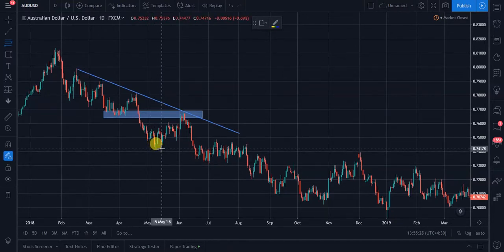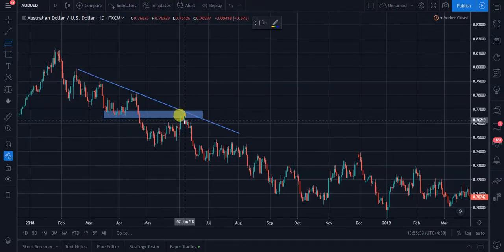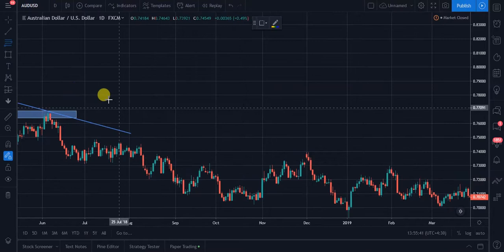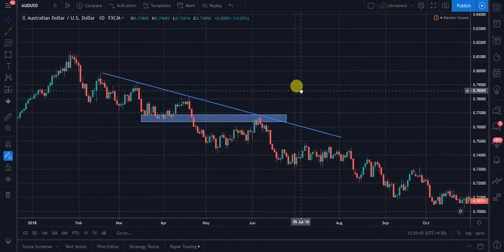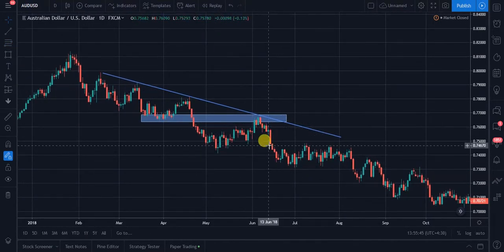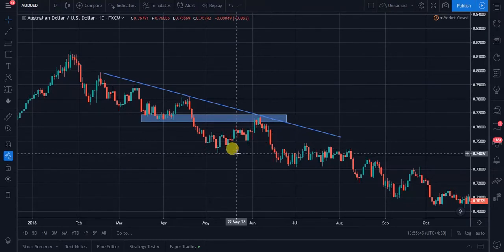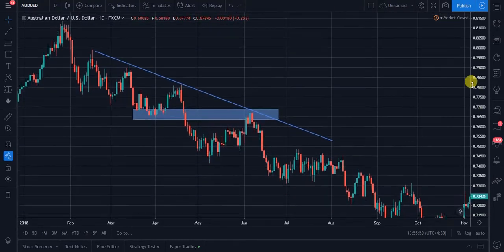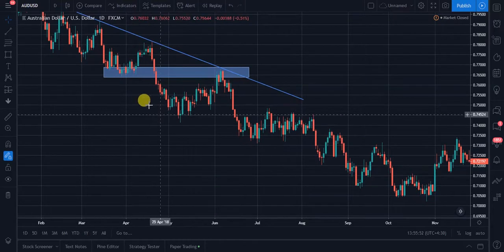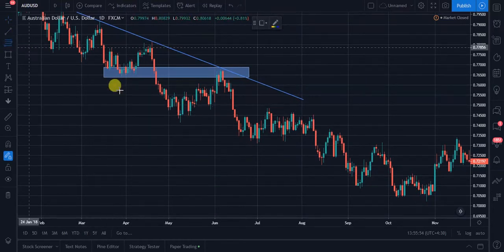For exit trades or profit target trades, for example, we want to identify some take profits from our trade. For example, we enter here like this candle, and we want to choose some levels for our take profit. So try to put your Fibonacci extension.